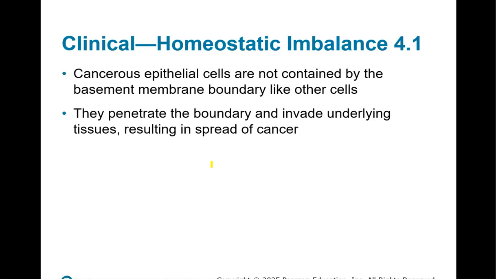So in other words, there's nothing to stop them from breaking off and entering into the connective tissue, invading the underlying connective tissue, and then the cancer is able to spread. So the difference in cancerous epithelial tissue and normal epithelial tissue is that cancerous epithelial tissue does not have a basement membrane, no basement membrane.